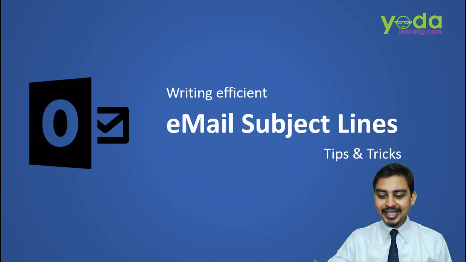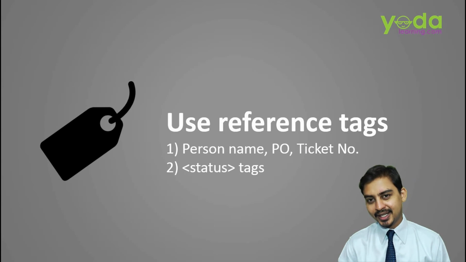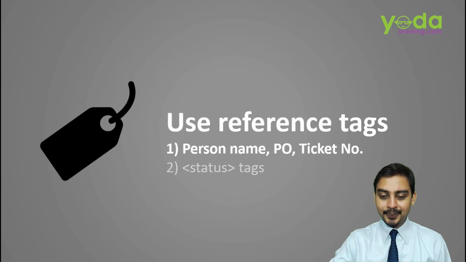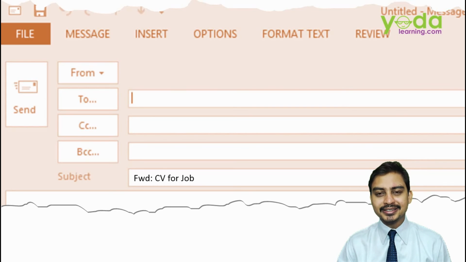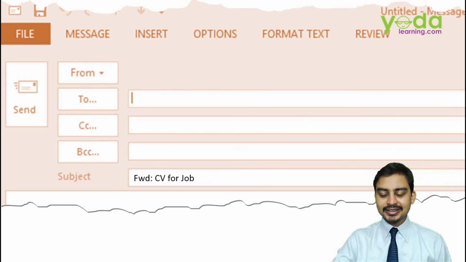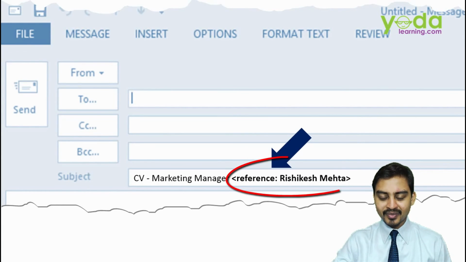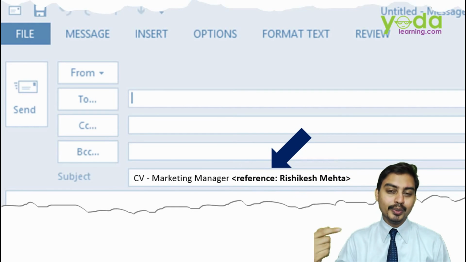So here it goes. The first trick I would like to share is to try to use reference tags in the subject lines. Now, it may all seem theoretical at this point until I show you some examples. For example, if you are referring somebody for a job internally in the company and you have been given a CV, it makes sense that you give a reference tag of the job as well as the person you are referring to or from whom it has been referred.